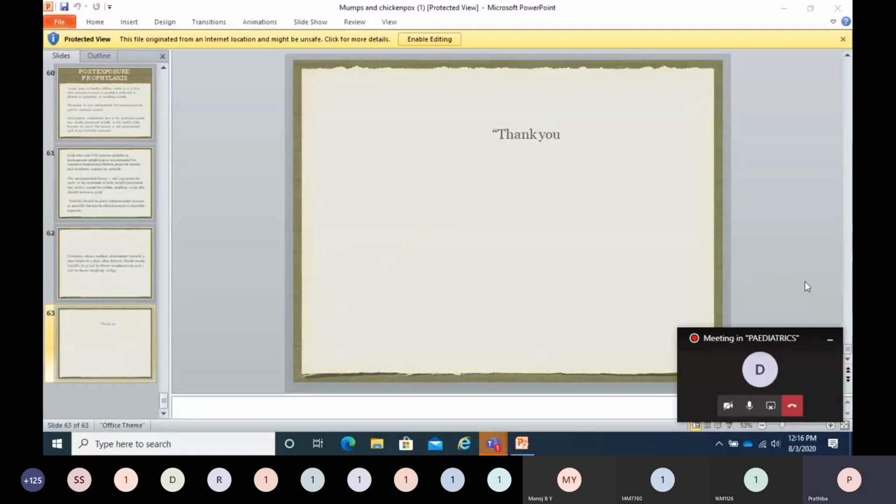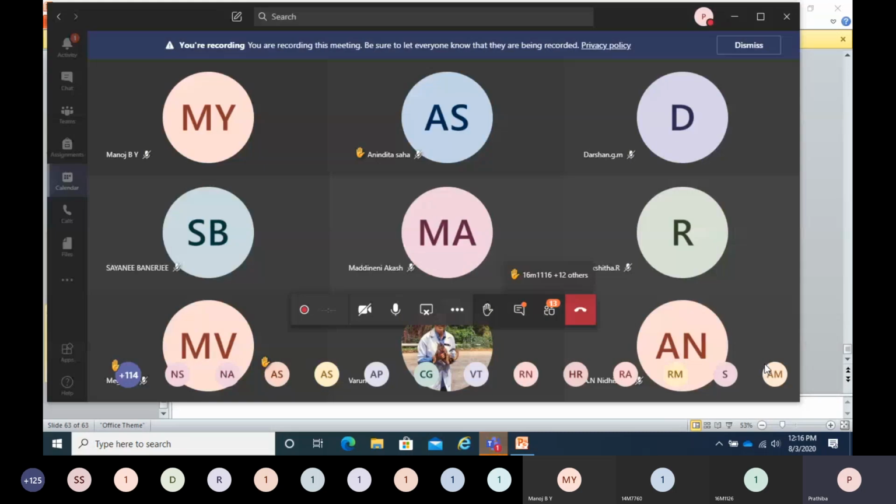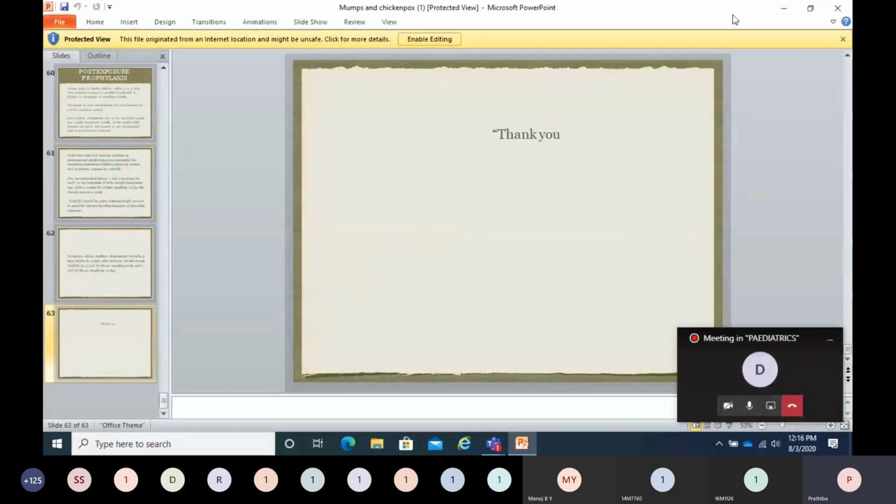Okay, the questions may appear in the case of mumps and also in the case of varicella. The questions will be, one, in the vaccination table, where they may ask about the MMR vaccination.